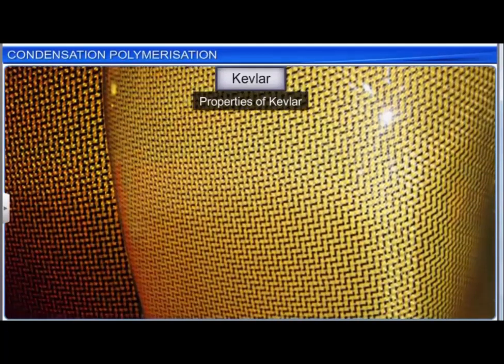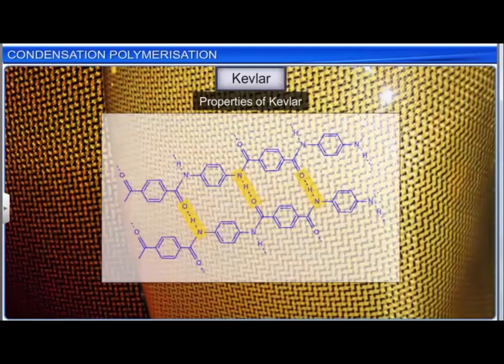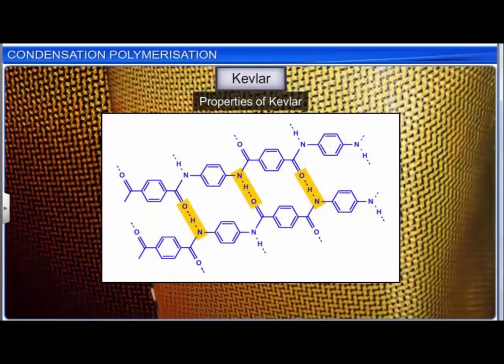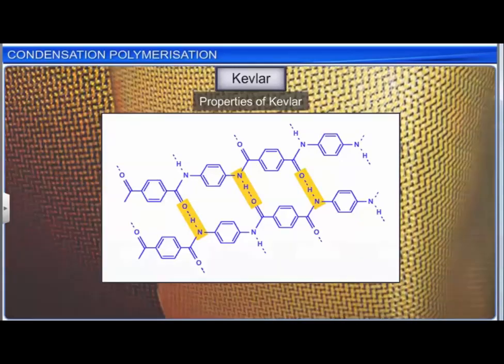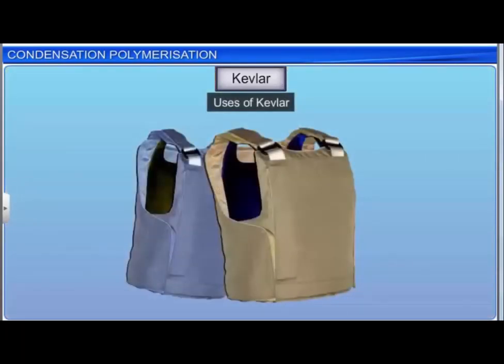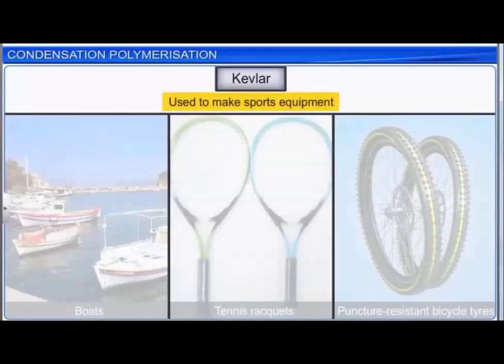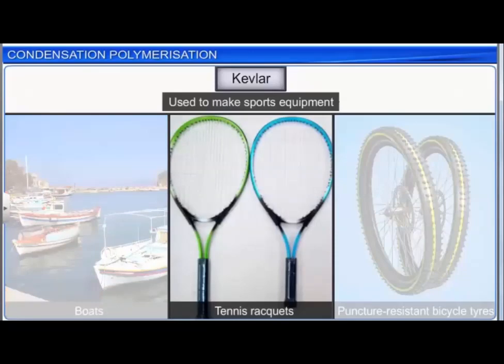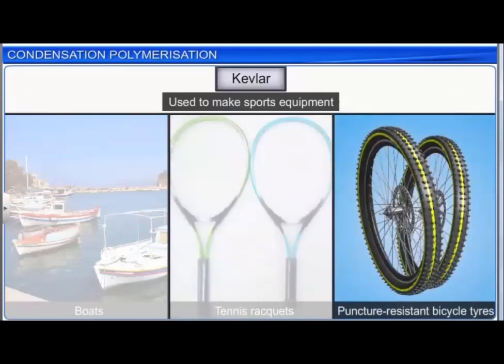Kevlar fibers are very strong as many hydrogen bonds are present between the chains, as shown in the illustration here. Kevlar is used to make protective gear, including bulletproof vests. It is also used to make a variety of sports equipment, including boats and tennis rackets, besides puncture-resistant bicycle tires.